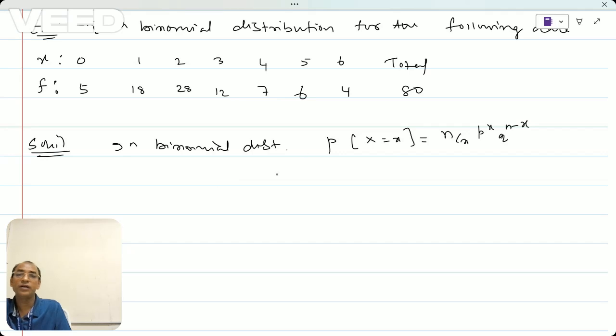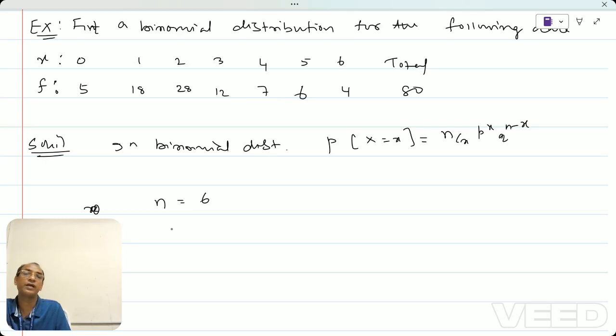So here this total frequency I will consider as 80. So what are the things given? Let us see. Here x is given. What are the values of x? X are 0, 1, 2, all those things. And then n is given. What is n? n is up to 6. And capital N is also given. Capital N will be 80.